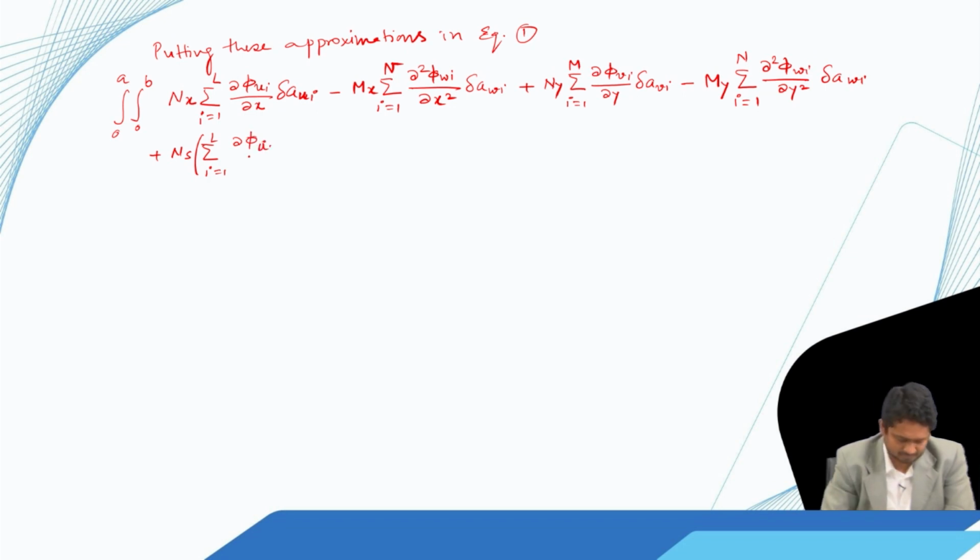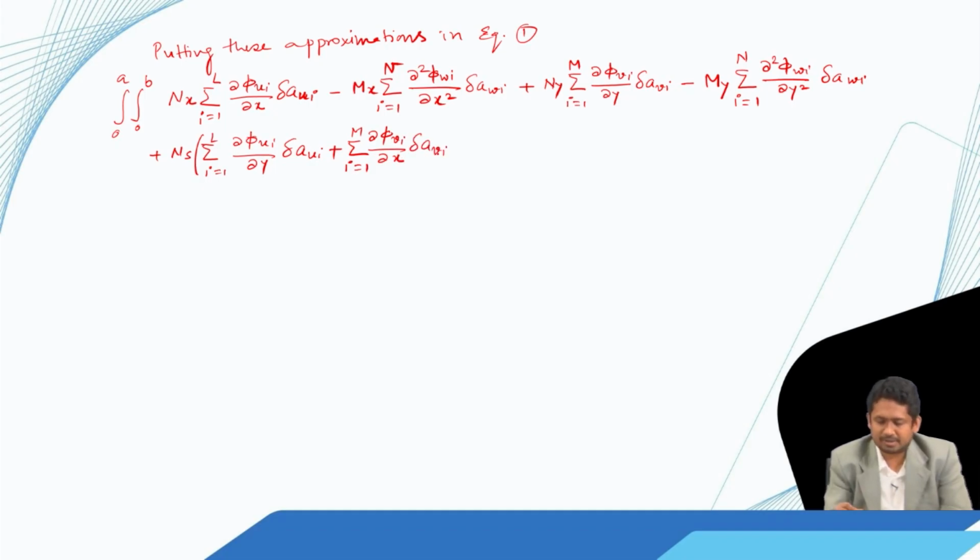So del phi ui by del y multiplied by variation of AUI, plus we have I going from 1 to m and del phi vi by del x multiplied by variation of AVI, and then we have ms, and for that we have minus 2 ms multiplied by del 2 w by del x del y.